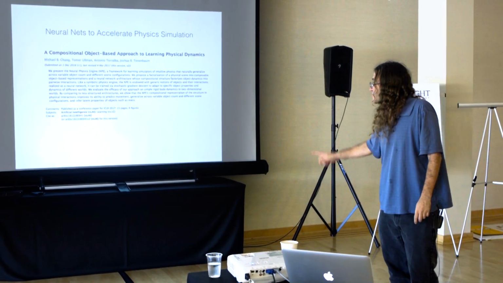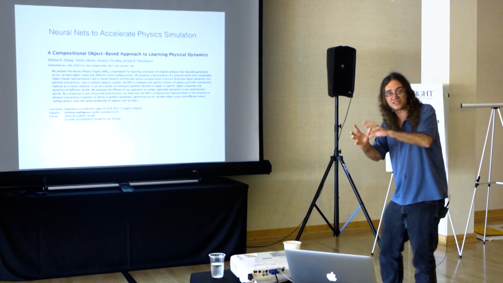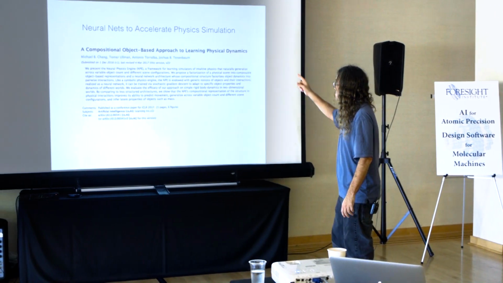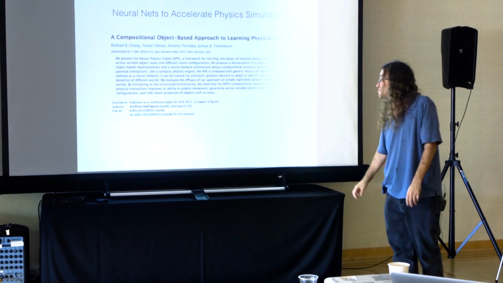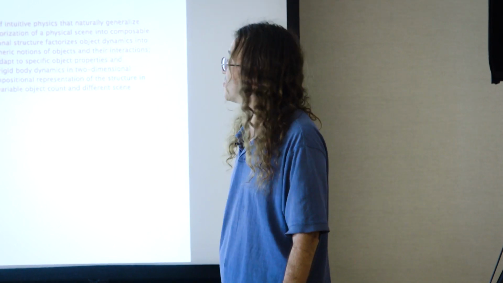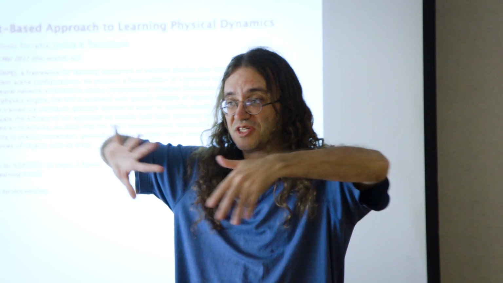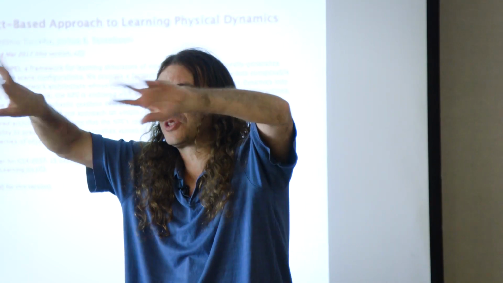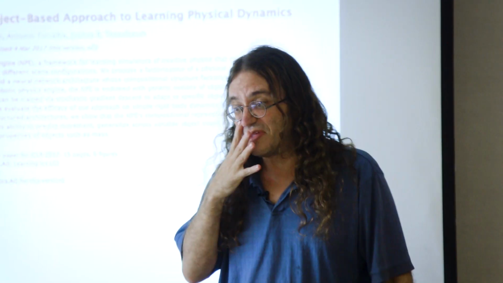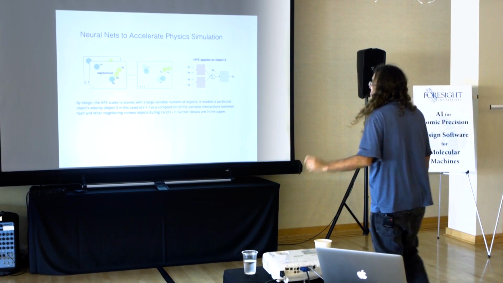There's been recent work, as I mentioned, which is a different application of AI but fits in the same framework, using neural networks to accelerate physics simulation. Josh Tenenbaum and his colleagues made something called the neural physics engine, where they take a physics engine as used in a game engine, so Newtonian mechanics on solid objects, and they show that by using a neural network, you can do the same calculations that the physics engine does, but much faster.